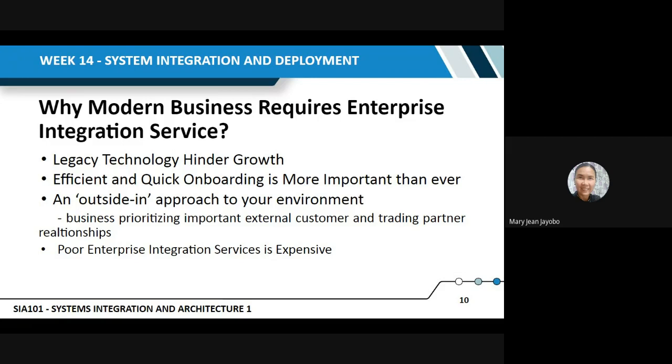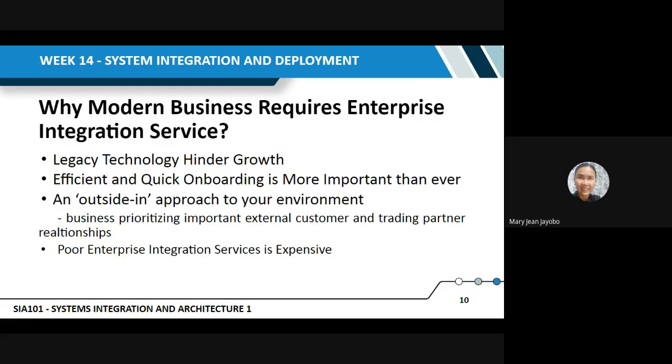So this includes supporting multiple protocols including AS2, SFTP, HTTPS, and numerous data formats including EDI, XML, and other flat files. Okay, now a modern enterprise integration system comes stacked with pre-configured B2B connections to support today's business data needs, so you can get your trading partner up and running in hours or days instead of weeks or months. Okay?